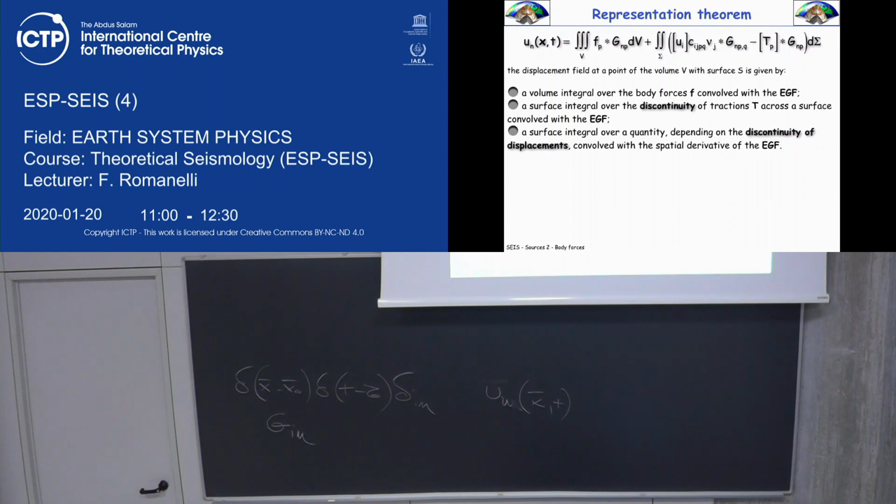What we are left with, and this is what we have to use, is this. It's telling us that if we have displacement discontinuities on a fault, we have to take into consideration their amount, and the direction of the normal of a fault, that is just a geometrical term telling how the surface sigma is oriented in space. If it is a plane, it will be just one direction, the normal to the fault.